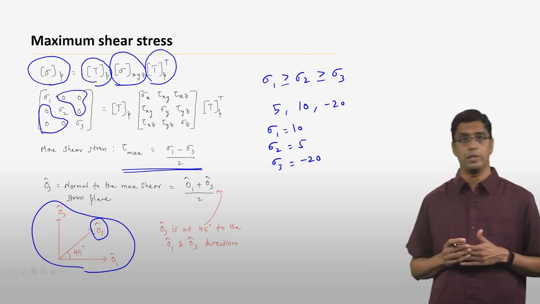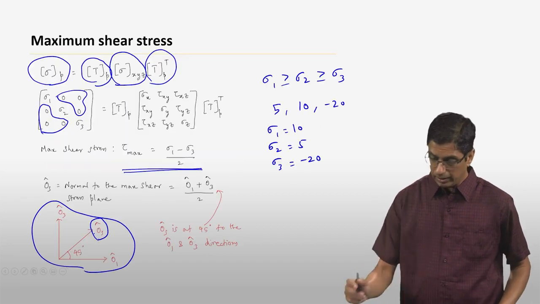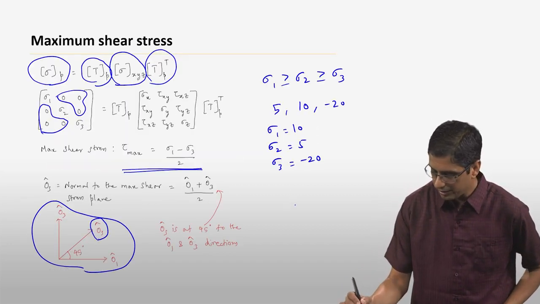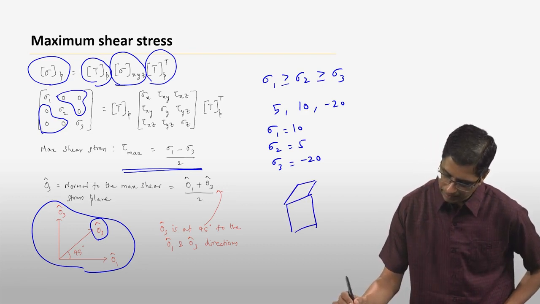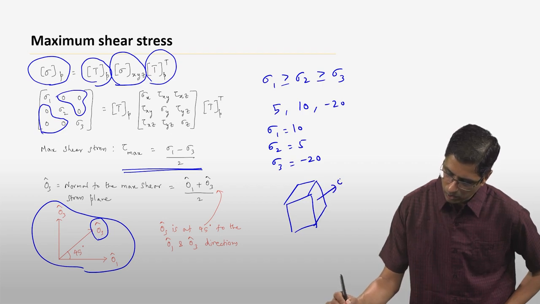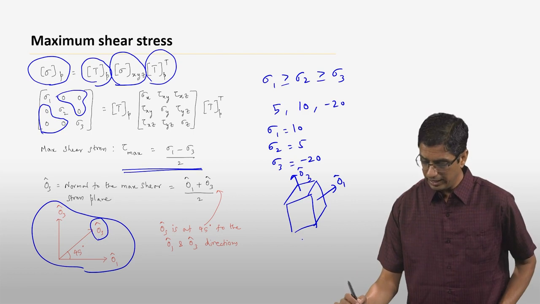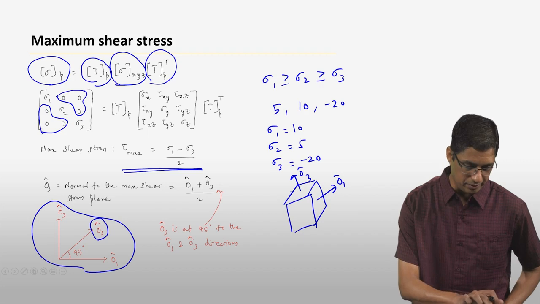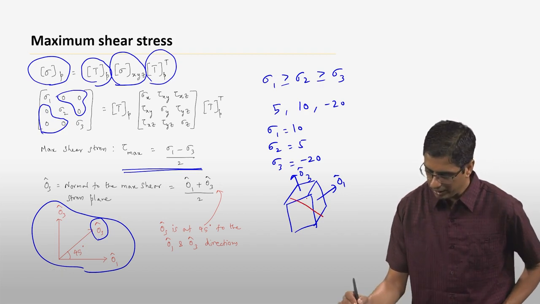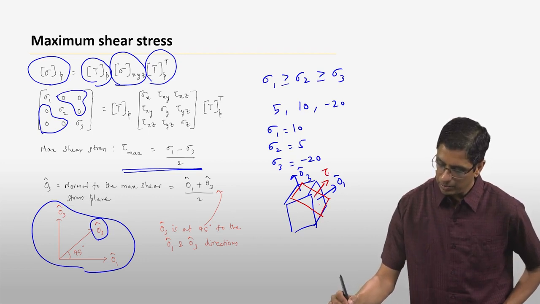If you want to look at it more explicitly, let me just draw the principal stress planes. Say these are the principal stress planes. This is O1 cap, and let me call this O3 cap. If you look at a plane that is at 45 degrees to both these planes, let me use a different color here, a plane that is at 45 degrees to both these planes, that is the tau max plane.